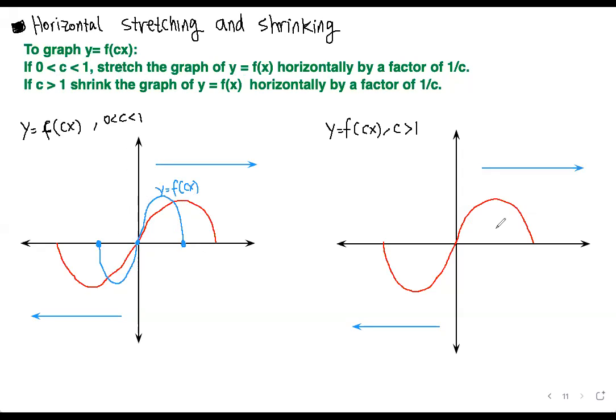For this one, because c is greater than 1, this means we have to do shrinking of the graph horizontally. Shrinking means, this is the original one, and it would be farther from the y-axis. This means the graph would be something like this.